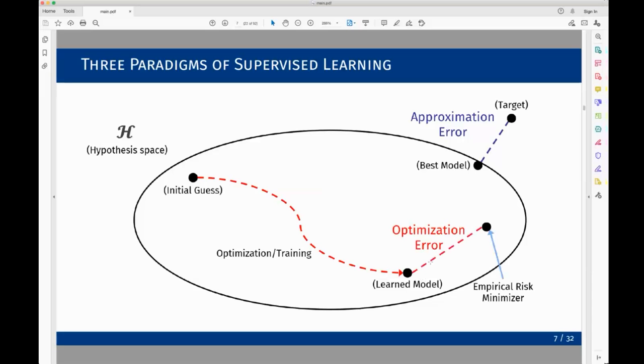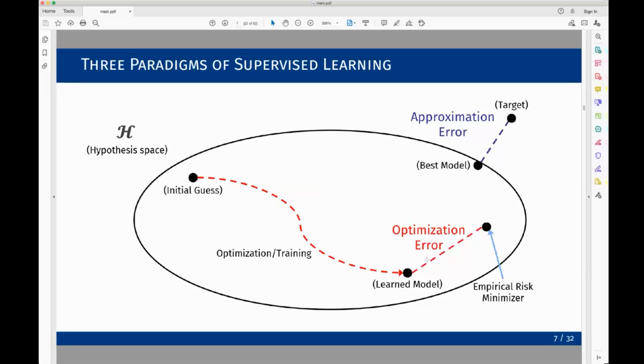Our learned model may not be the best model, because in real optimization we only use finite data samples, and these finite data samples are a Monte Carlo sampling of the true distribution. The distance between our learned model and the best model can be characterized by two differences. The first is called optimization error.